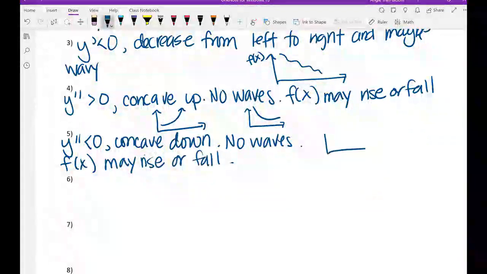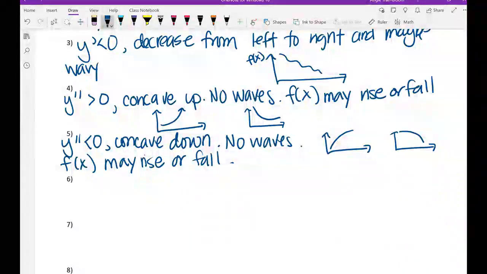Similarly, it concaves down here as an increasing function, and this is a decreasing function, even though it's concaving down. So concavity does not necessarily equate to increase or decrease.